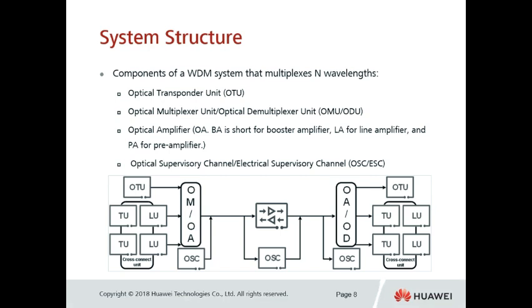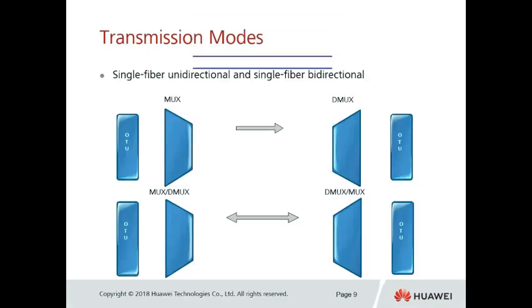So ESC cannot monitor the status of the optical amplifier station. That's the disadvantage of ESC. OSC can monitor all the stations in the whole WDM network, but with ESC, only the optical amplifier station cannot be monitored. So that's the basic system structure of our WDM network, right?